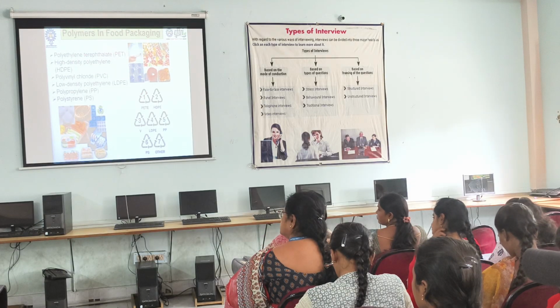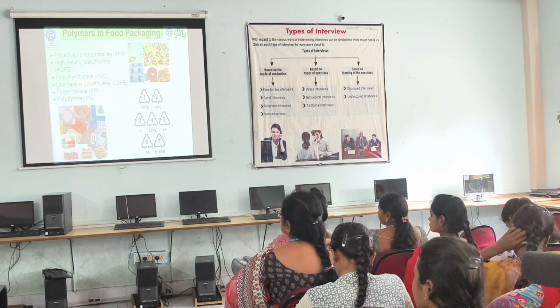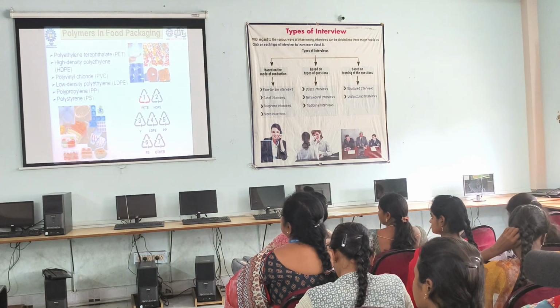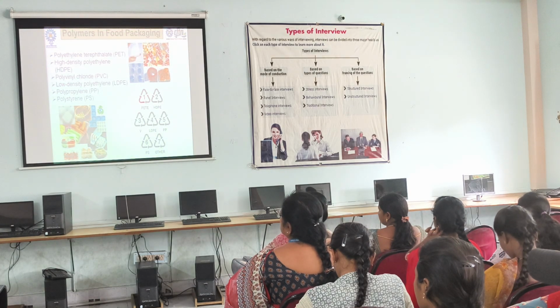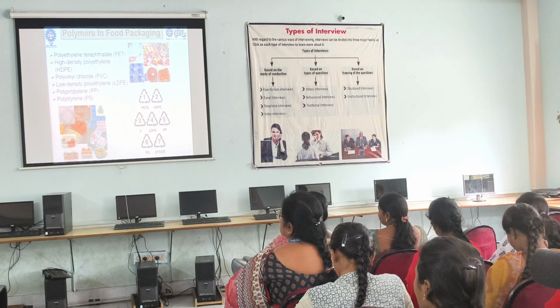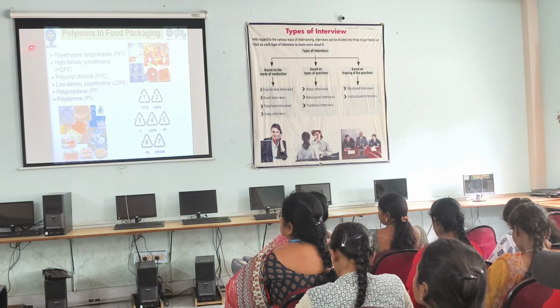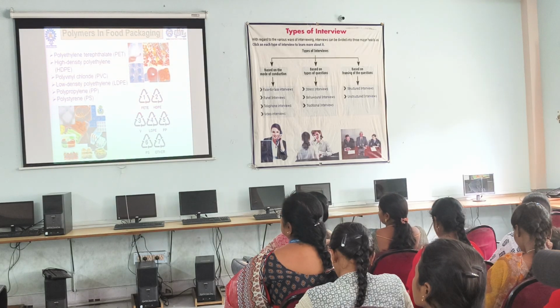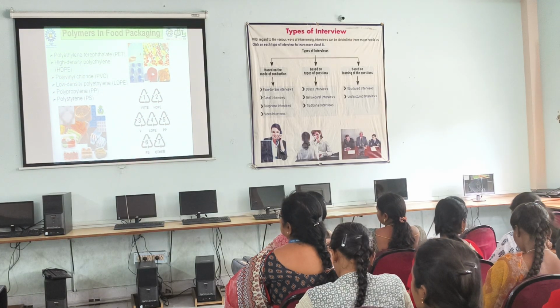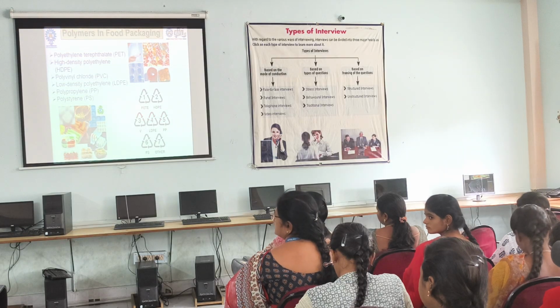Six kinds of plastics are used for food packaging and the majority of other packaging applications also. They have recycle codes. If you have a PET bottle, down there you can see it has recycling code 1. Why are we using this? Because if you take that PET bottle, you can recycle it.